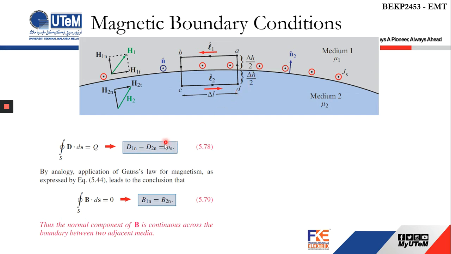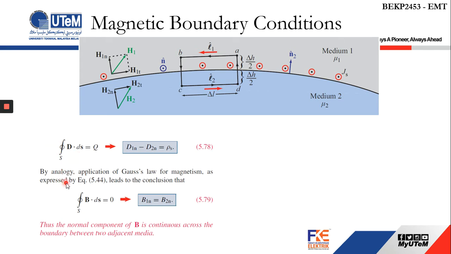Okay, so if the surface charge density is 0, then the normal component of the first medium is equal to the second medium. In other words, D1 normal equals D2 normal. So this is derived from electric boundary condition.